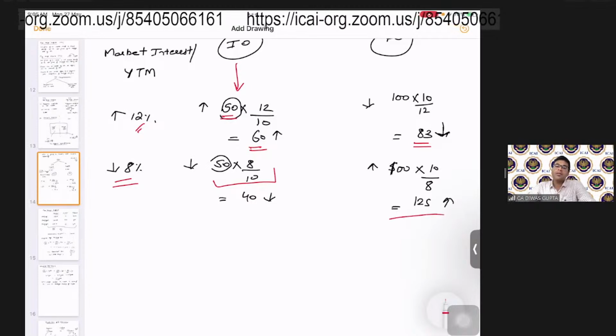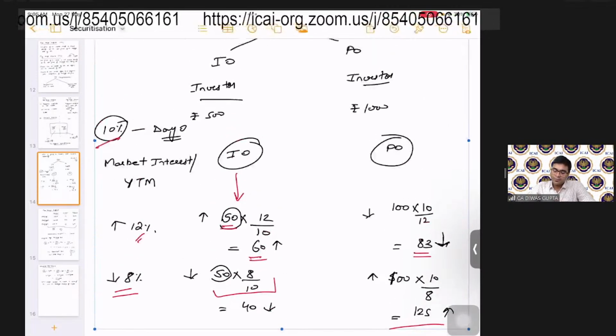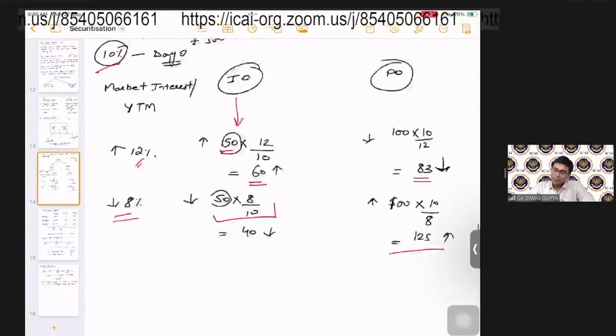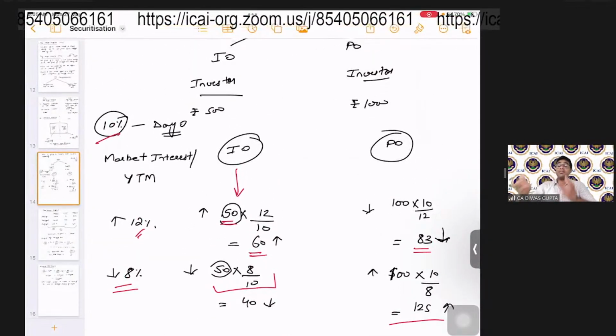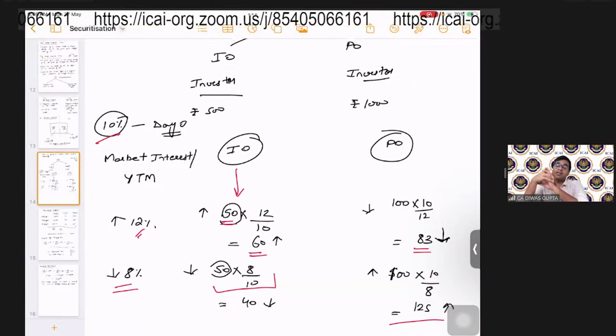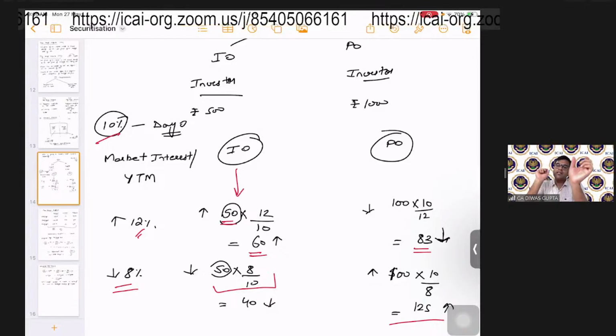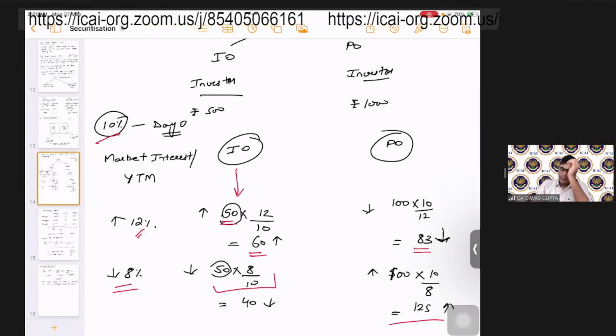And here also the inverse thing will hold true, students. Okay, so this is all about the stripped securities, where we have an interesting relationship of the interest rates along with the interest only security and the principal only security.